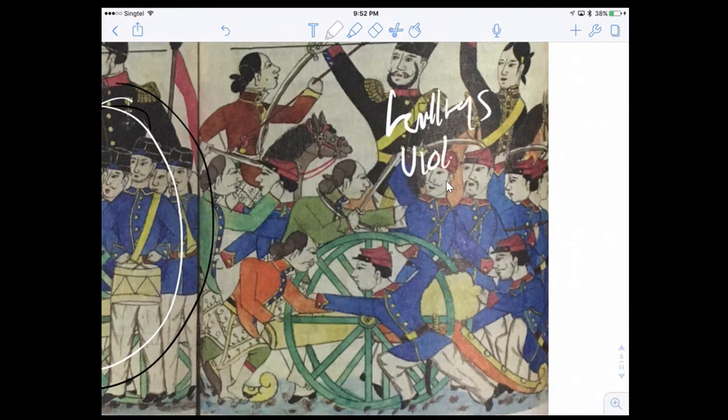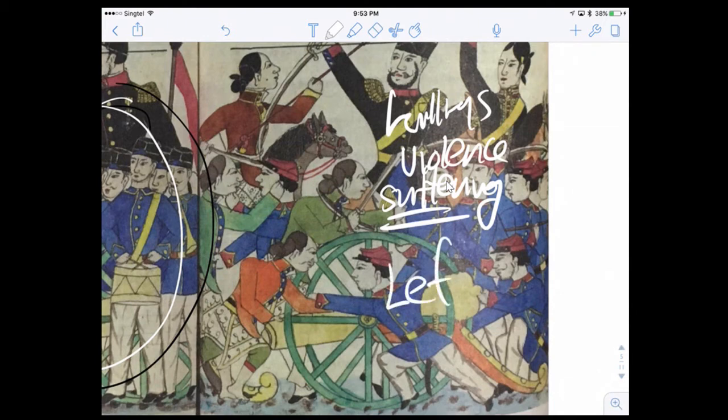There's violence. So, of course, things are not going to look good, right? You're not going to have enough food to eat if there's killings, suffering, and violence. So, hence, this is one of the reasons why people had no choice. They had to leave their homeland.